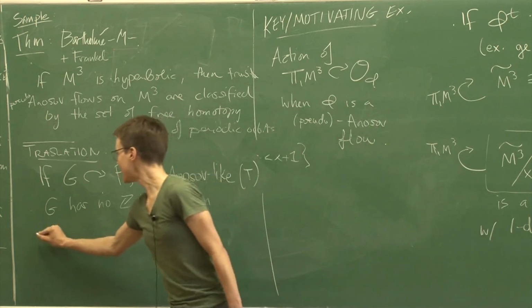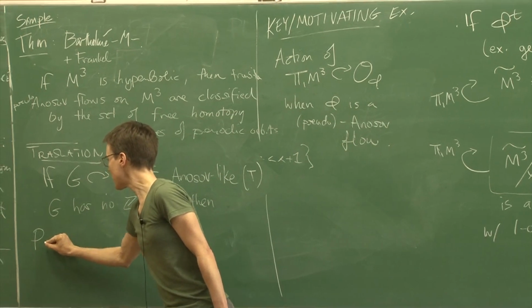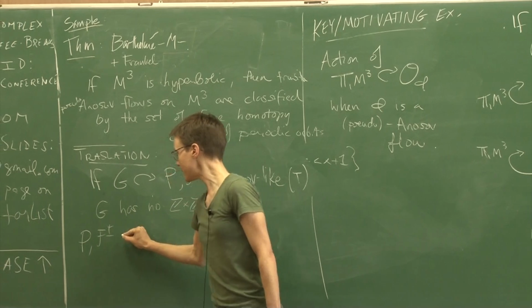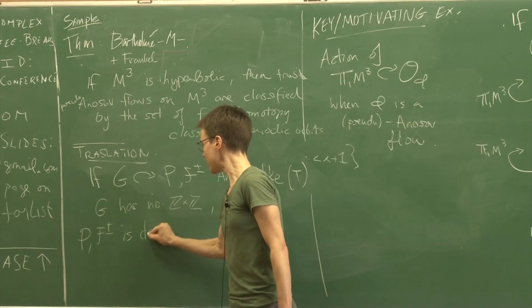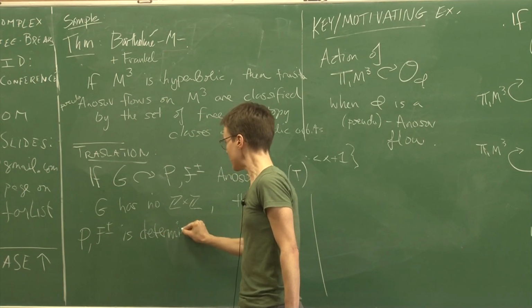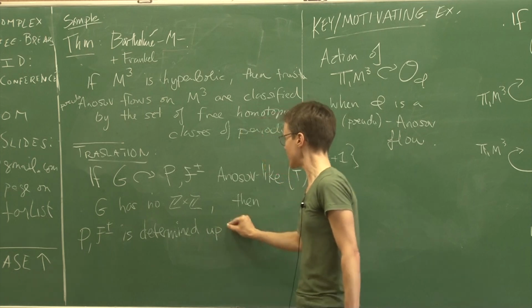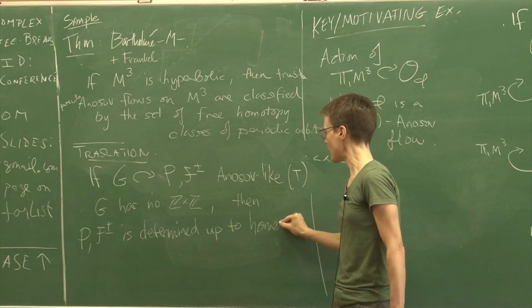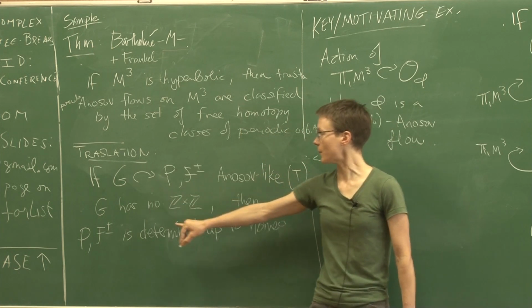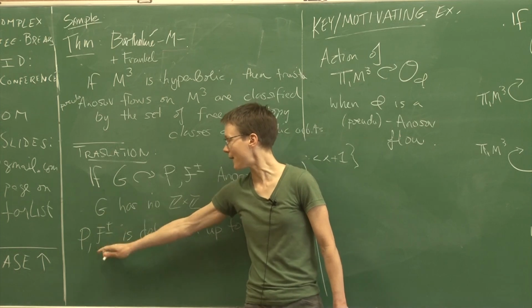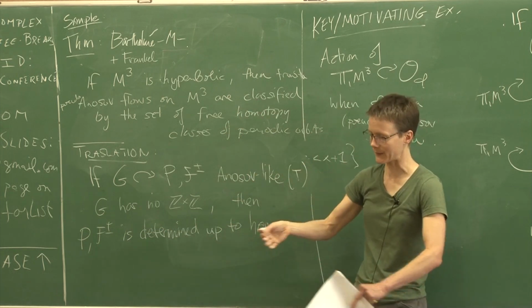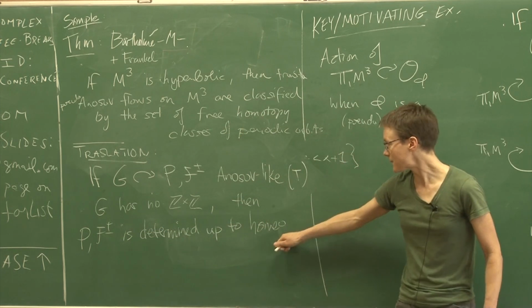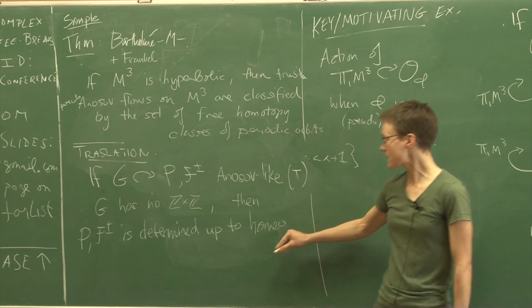So then this plane with its foliations is determined up to homeomorphism. So you'll know if the plane is foliated or not, is trivial or not, or if it's branching in some way, or if it has prongs or whatever. This is completely determined up to homeomorphism.